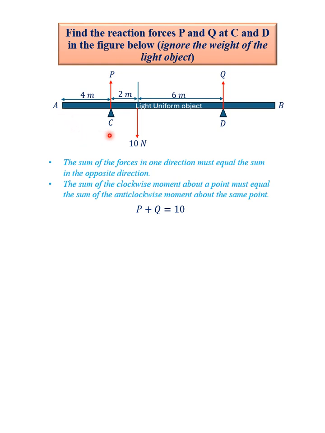We could take moment about point C, about this 10 Newton force, about point D, or even about point B. Just pick a point and stick to that point. In this solution, I want to pick point C. In other words, we are going to take moments about point C.